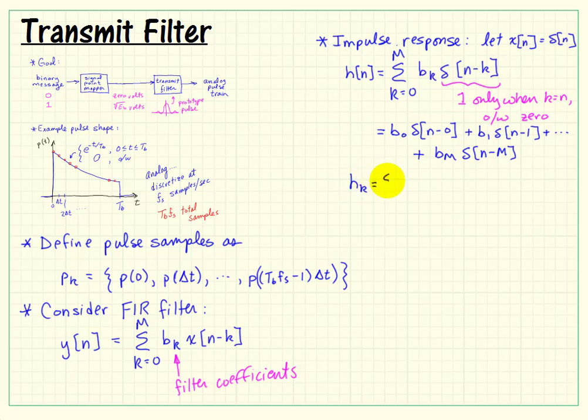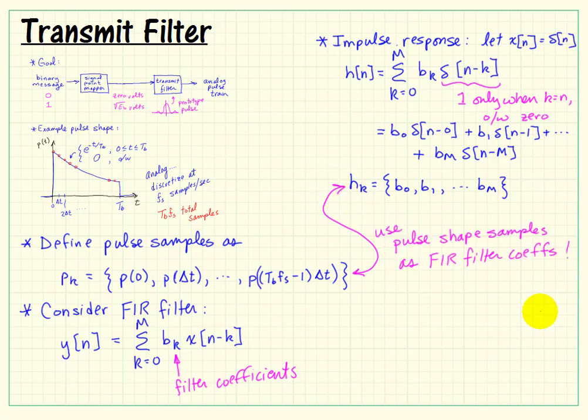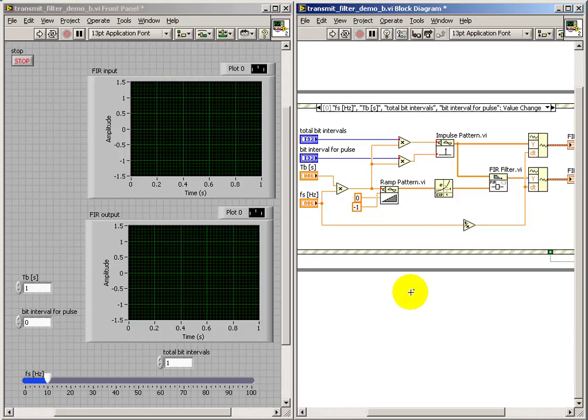So those set of shifted delta functions means that h sub k now is also a sequence, and it's simply b sub 0, b sub 1, b sub 2, and so forth, all the way up to b sub m. And that sequence is the same thing as the filter coefficients. All right. Now, here's the cool part. We see a nice relationship between the impulse response sequence and that pulse shape sequence that we were discussing earlier. So we're going to use the pulse shape samples as the FIR filter coefficients.